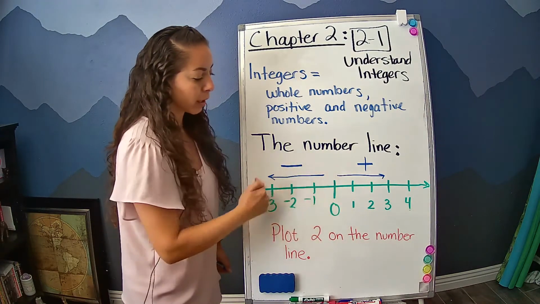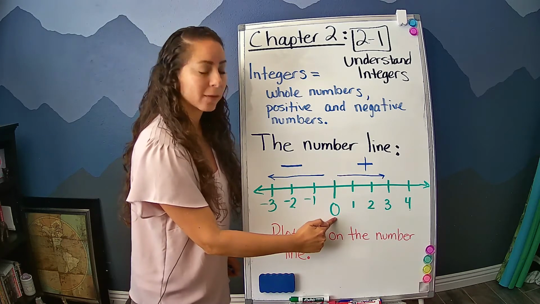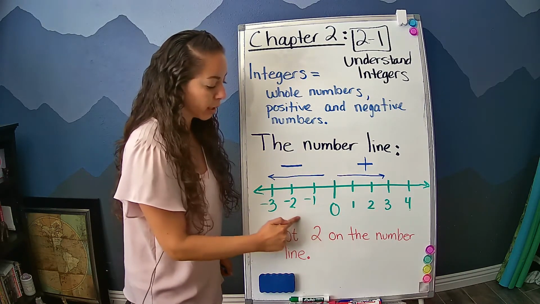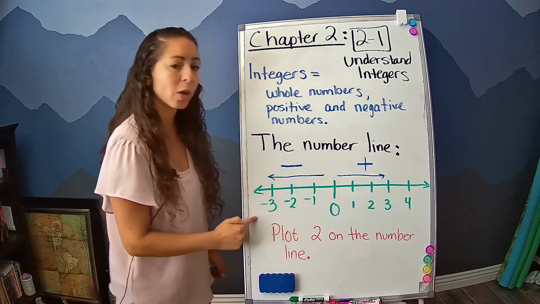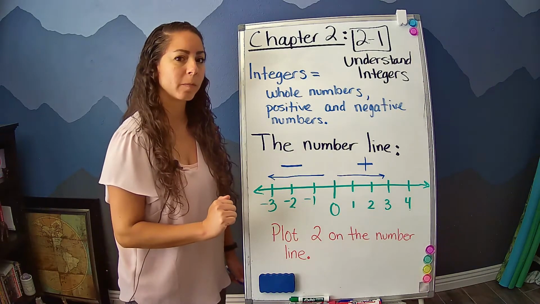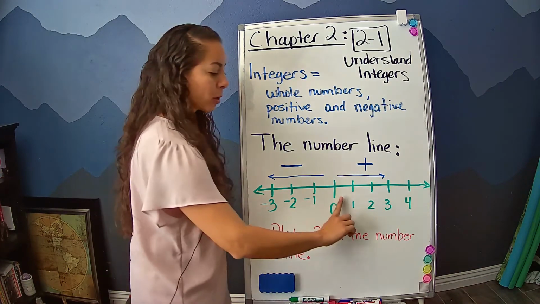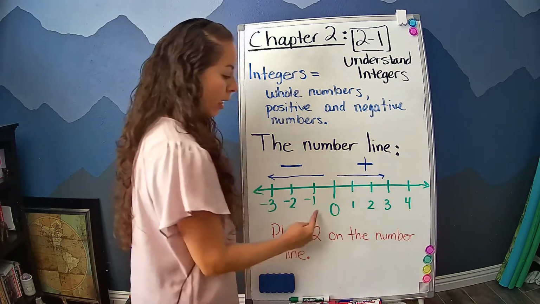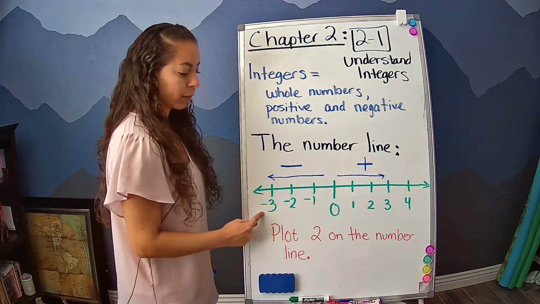If we go to the left of the 0, we have negative numbers, but they start immediately after the 0. Negative 1, negative 2, negative 3, and it would go on forever. Negative 4, negative 5, forever and ever. Just please make sure you remember to start from 0, and on the right you begin 1, 2, 3, 4, and on the left negative 1, negative 2, negative 3.